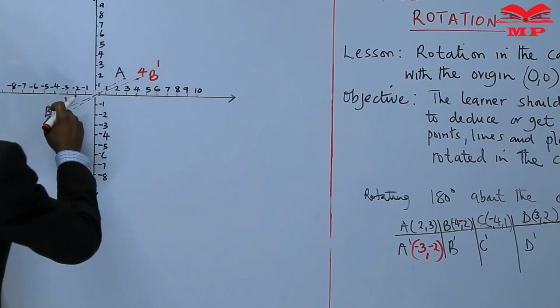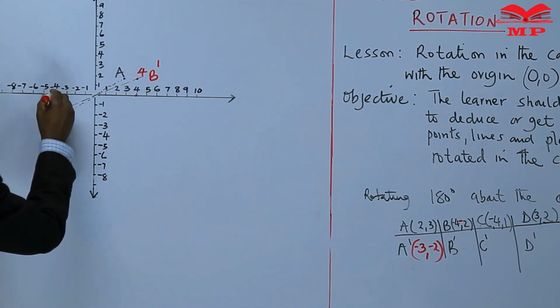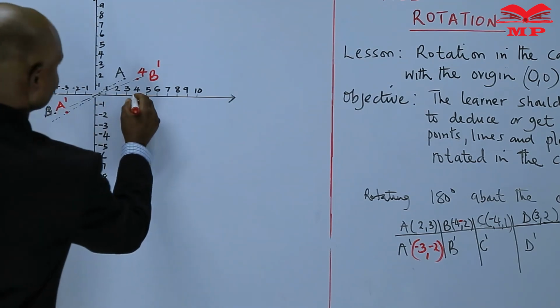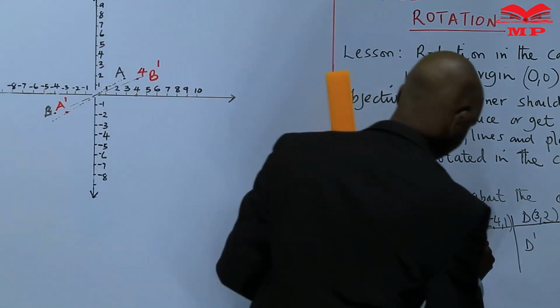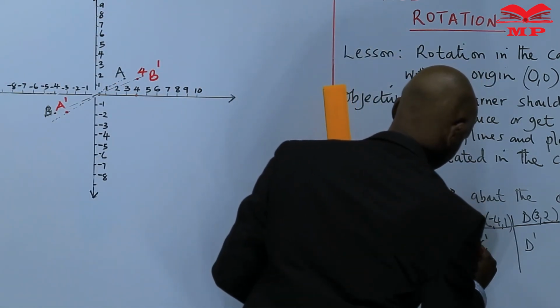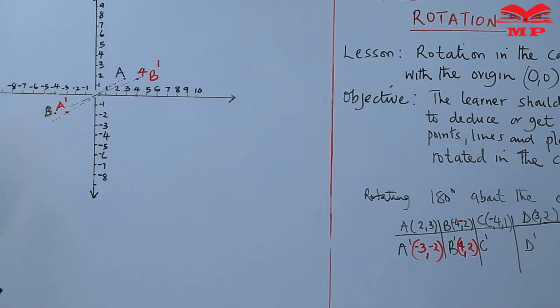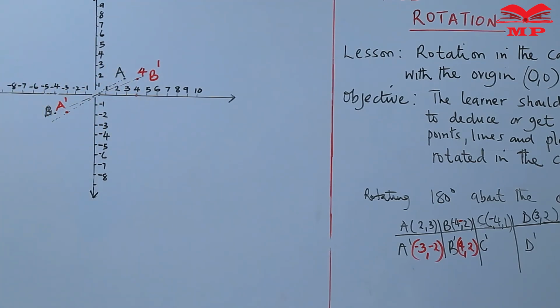It is like a half turn, whether you go anti-clockwise or clockwise. So negative 4, 2, we've turned it round and it has come to positive 4, negative 2.